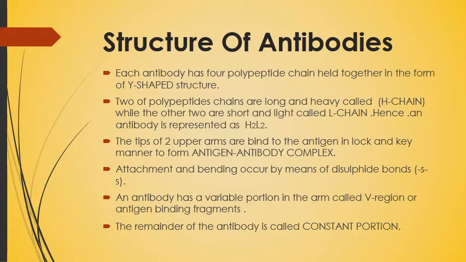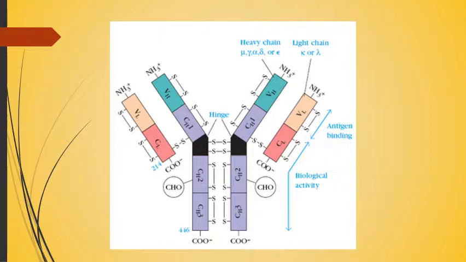An antibody has a variable portion in the arm called the V region or antigen binding fragment. The remainder of the antibody is called the constant portion. So in this picture, that structure will be more clear to you. These are the 4 polypeptide chains.